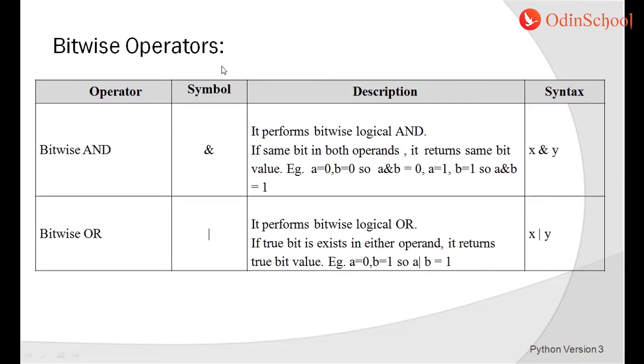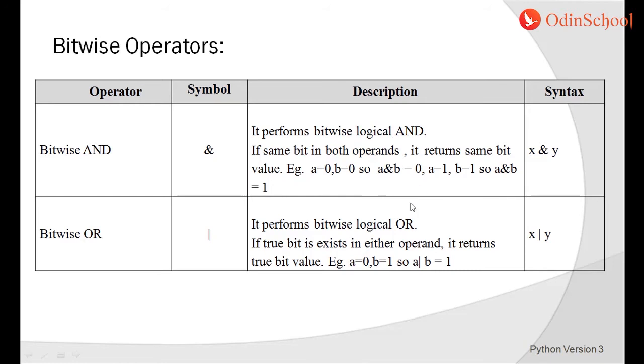Next is the bitwise operator. In the bitwise operator also they are using the and, or, only its symbol is this and this. What is the meaning of bitwise? It mainly performs everything with bitwise logic. Like if the same bit is in both the operands, it returns the same bit. Like a equals 0, b equals 0, then it gives a 0 value.